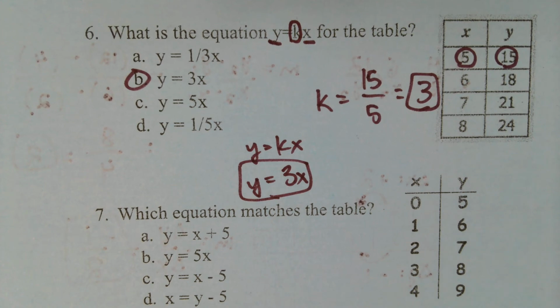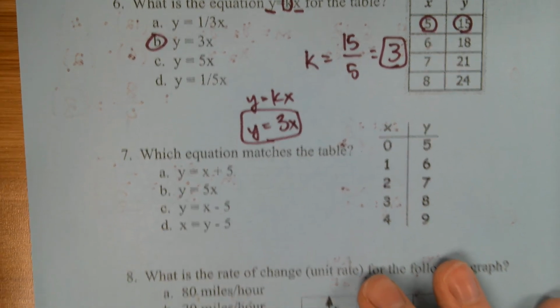We could have taken any of those 4 points on the table and we would have gotten 3 just the same way. Questions on 6? You're going to have to remember to write this type of equation, y equals kx, for the test.